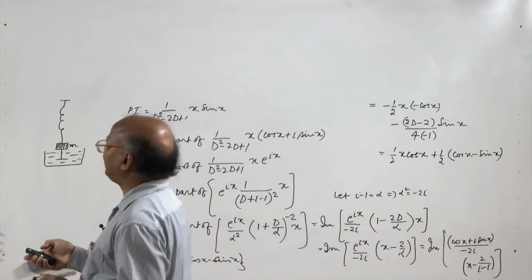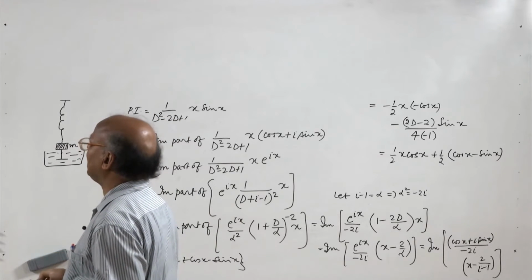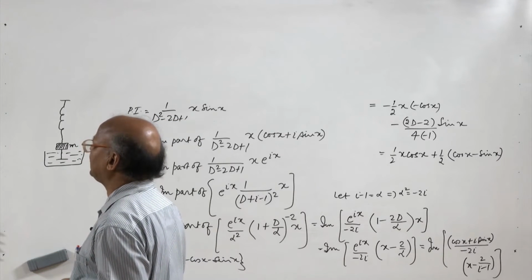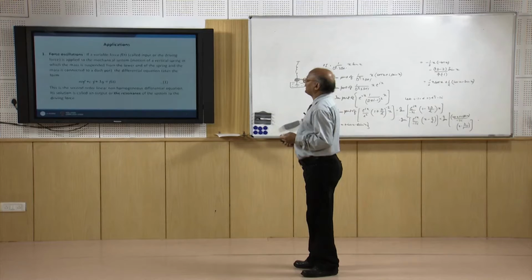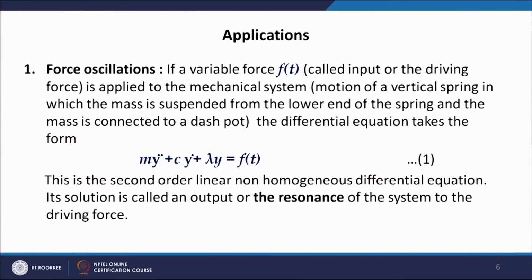So, the differential equation, when we apply the variable force f(t), will be of the form m y double dot plus c y dot plus lambda y equal to f(t). In the absence of this variable force f(t), we had obtained the homogeneous second order differential equation m y double dot plus c y dot plus lambda y equal to 0. So, now this is a second order linear non-homogeneous differential equation. Its solution will be called the output or the response of the system to the driving force.